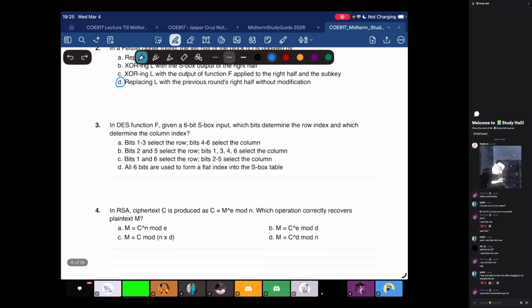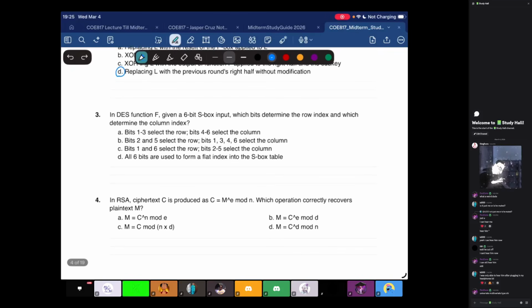In DES, function f gives a 6-bit S-box input. Which bits determine the row index and which determine the column index? This is also something that needs to be known.